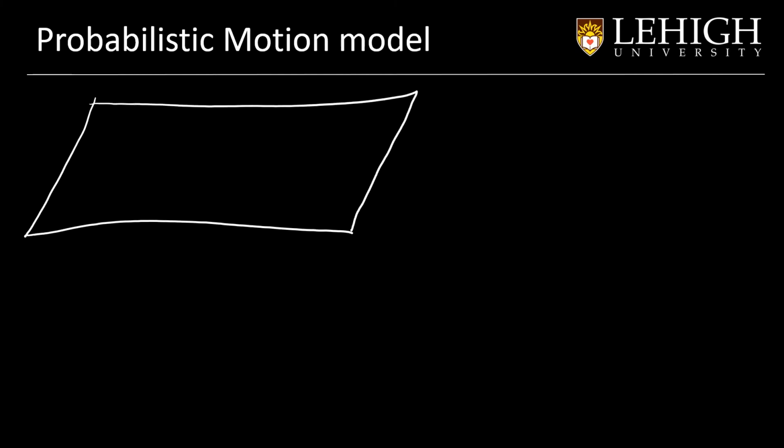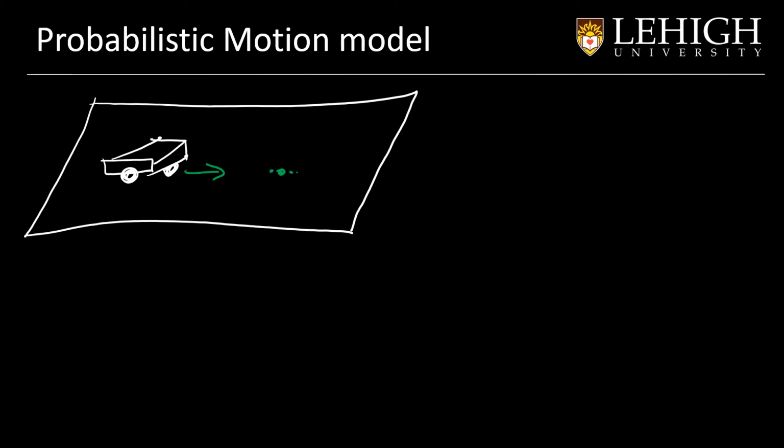For example, if we have a differential wheel drive robot, this robot will move forward. If the control input is move forward, if the robot is perfect, it will fall here. If the wheels spin a little bit slower, they will kind of fall around here.